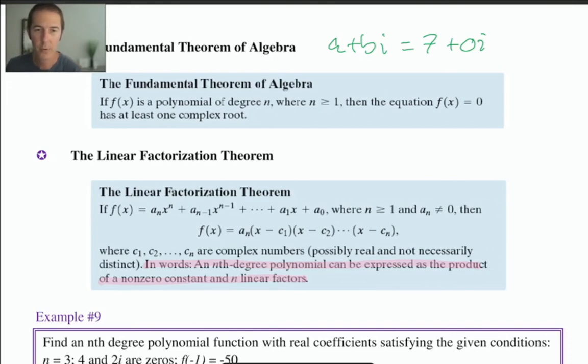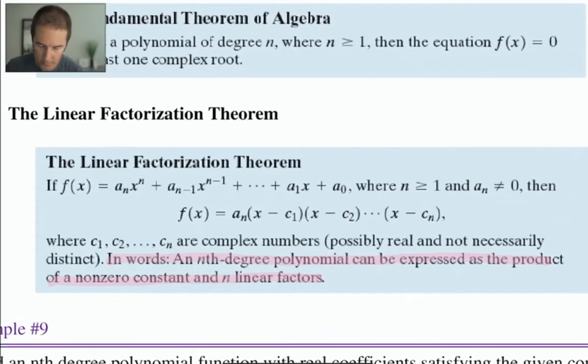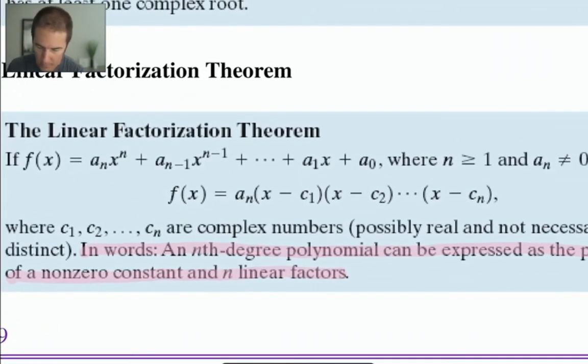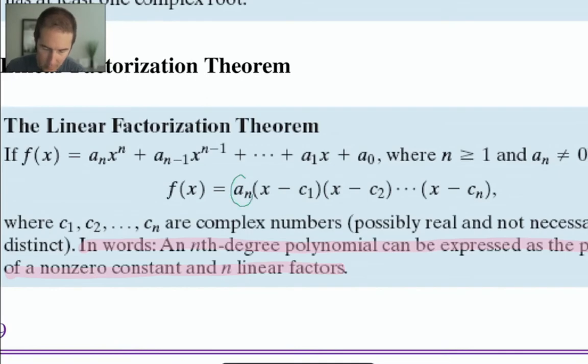We can express it as the product of a non-zero constant. Here it's described as a sub n. Sometimes a sub n is a 1, and you don't actually see it, but it's there. And then here are your n factors.